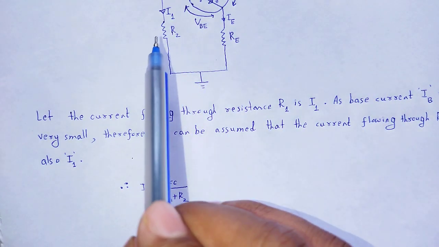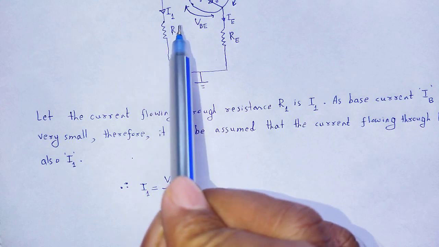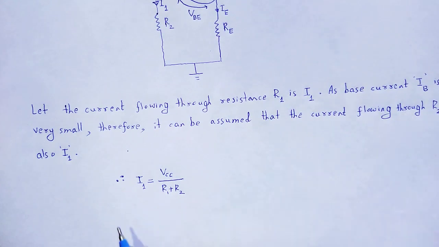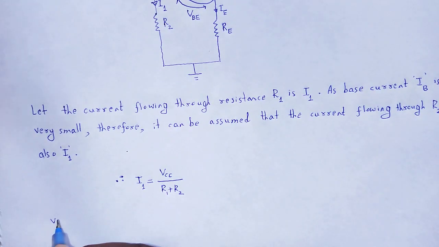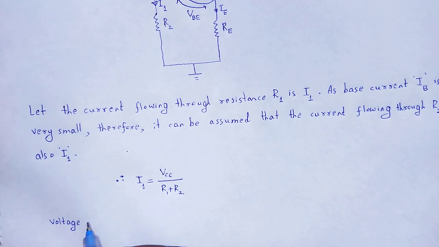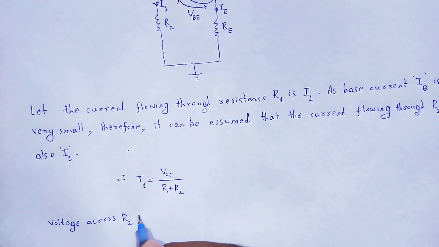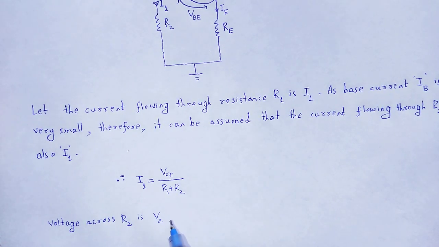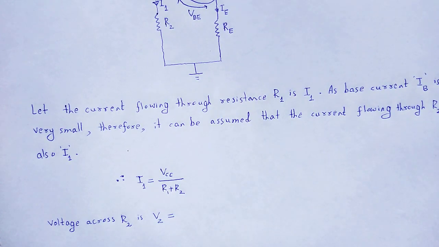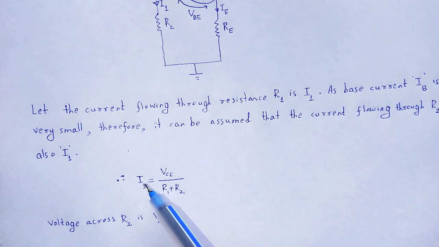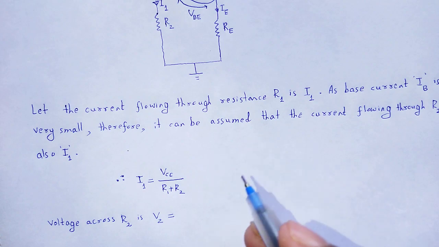Then the voltage drop across resistor R2, voltage across R2 is V2, and that voltage is equal to current into resistance.